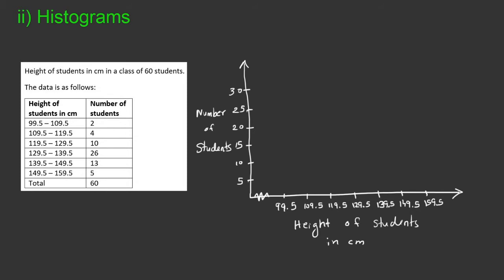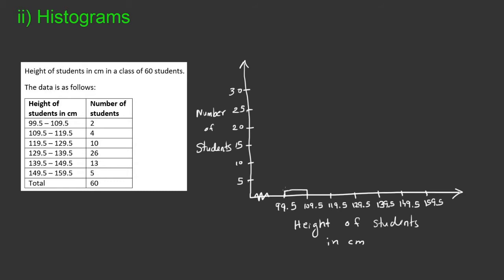Histogram can be drawn easily by just drawing rectangular bars on width equal to the class size and length according to the frequencies of the corresponding class intervals. From 99.5 to 109.5 there are two number of students.